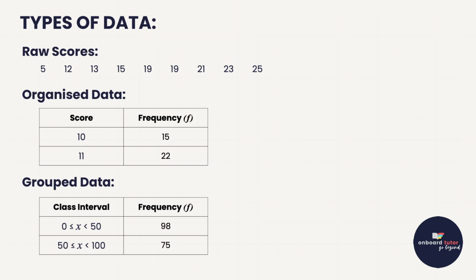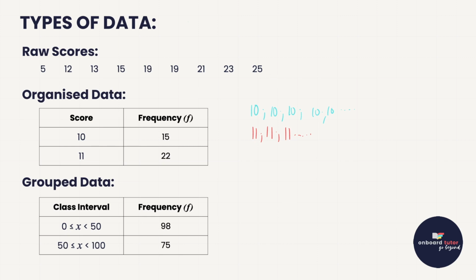That data is organized, and if I were to write it out, I'd say the score was 10, and I had 15 of them. So I would write 10, 15 times. And then I've got a score of 11, and that happened 22 times, etc. Okay, so that is not the same. If I were to expand it like this, then I'd have the raw scores.